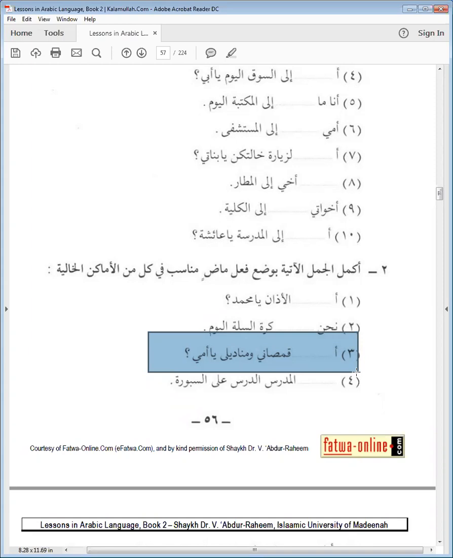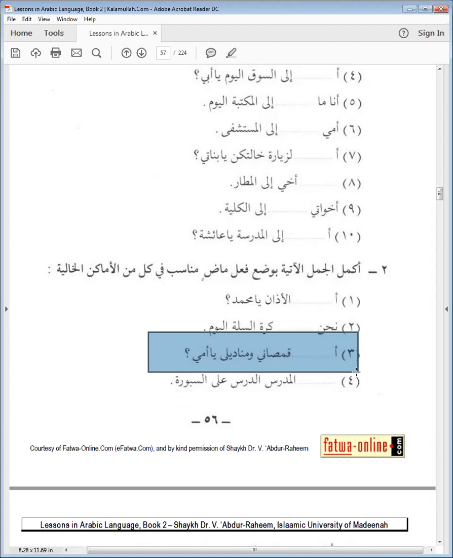So it could be, have you seen? Did you wash? Did you iron? Right? So ra'a is to see. So in that case, we will say ara'aiti qumsani wa manadili ya ummi. Or if it's the wash, we say ghasalti qumsani wa manadili ya ummi.